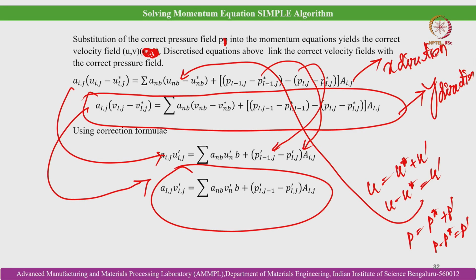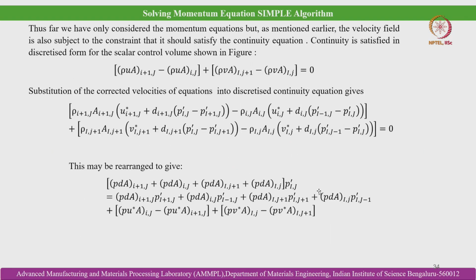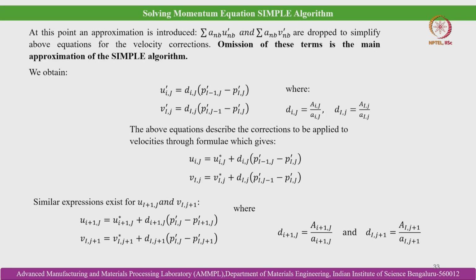These are the two equations we are talking about, and they are dropped to simplify the equations for the velocity correction. Omission of these terms is the main approximation of the SIMPLE algorithm. So we obtain u prime_ij, because we are dropping these two terms.